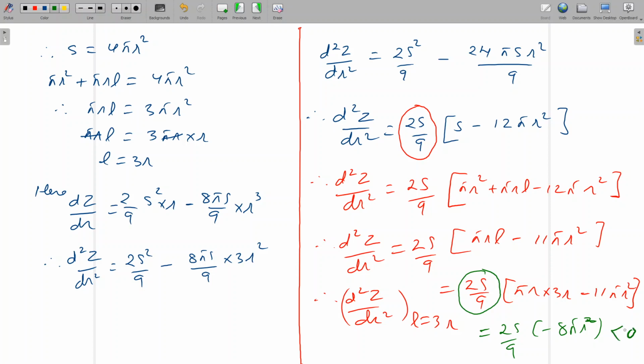So we can say that Z is maximum when L equal to 3R. If Z is maximum, then V will also be maximum.